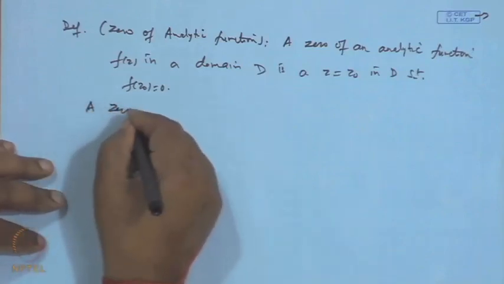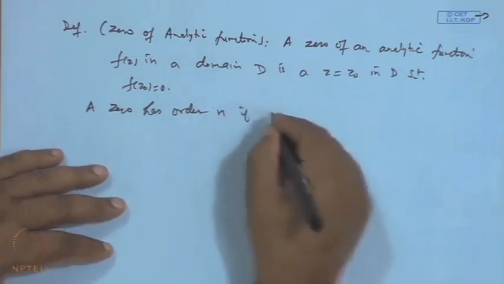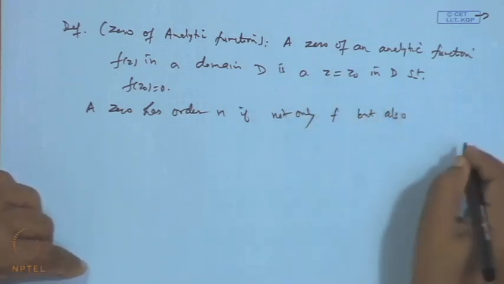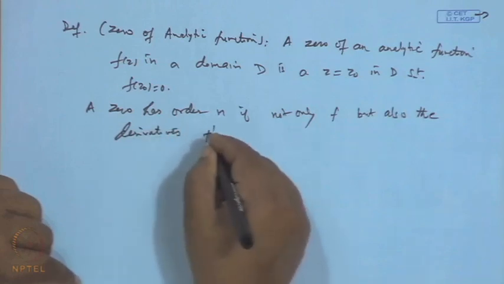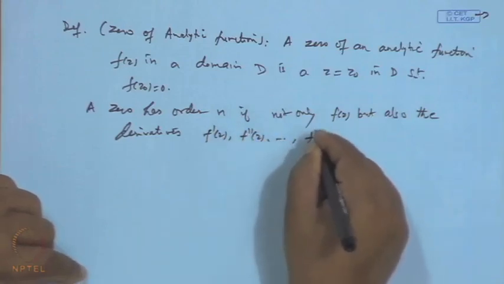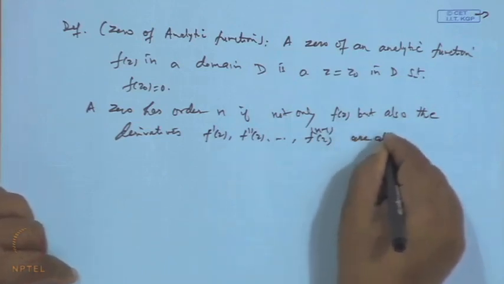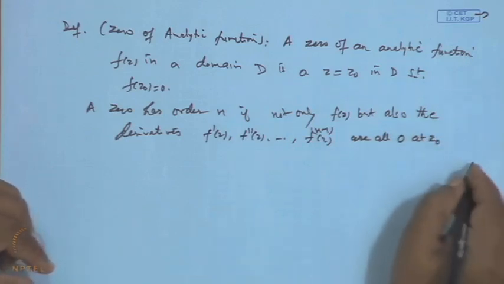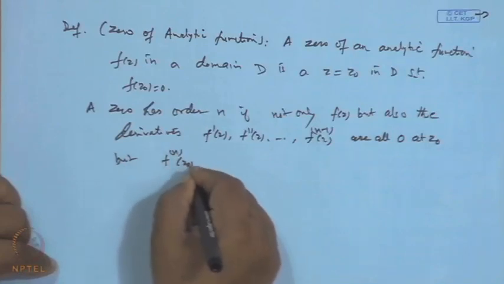A zero has order n if not only f, but also the derivatives, f prime z, f double prime z, up to f to the (n minus 1) of z, all vanish at z naught, all are 0 at z naught, but the nth derivative of this function is different from 0.